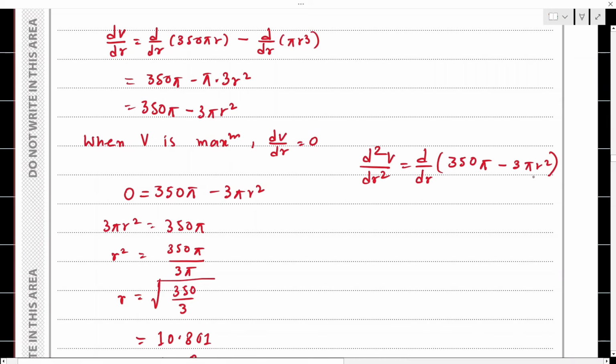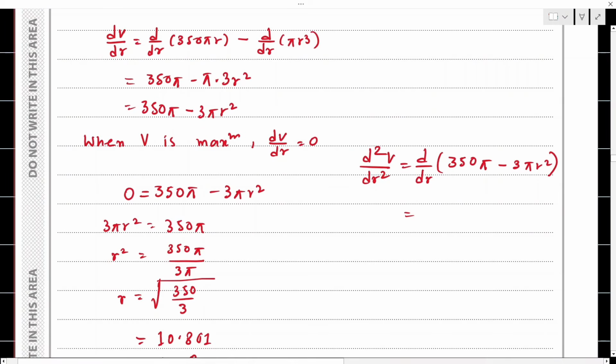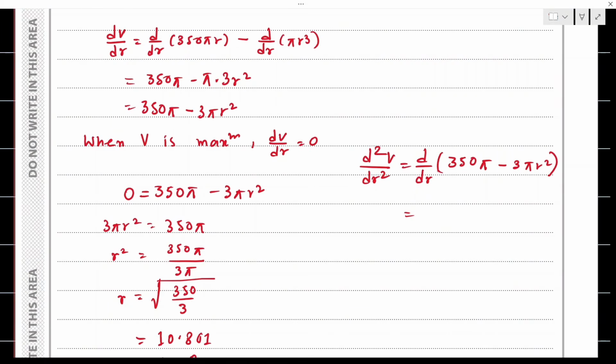Differentiating the already differentiated function will give us the double differentiation for v, the second derivative for v. Again, I can differentiate the terms separately. Differentiation of a constant term is equal to 0. And differentiating this term will give us 3 pi into 2r. So minus 6 pi r is our second derivative or our double differentiation.